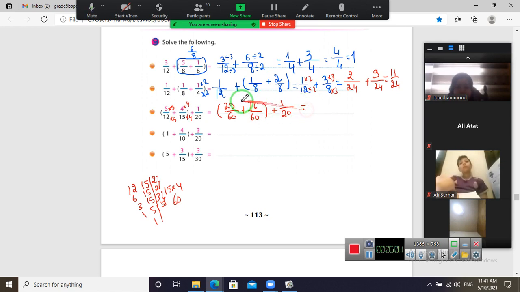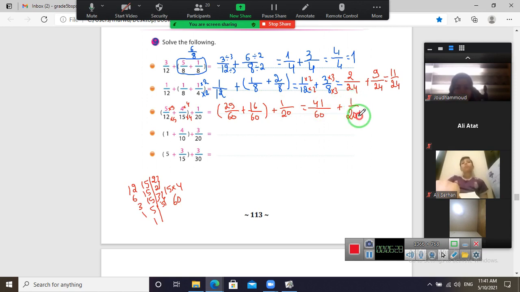Between parentheses, 25 plus 16 equals what? 6 plus 5, 11. 1 and 1 up, 2, 3, 41. 41 over 60, I forgot. Plus 1 over 20. As you know, 60 is a multiple of 20.